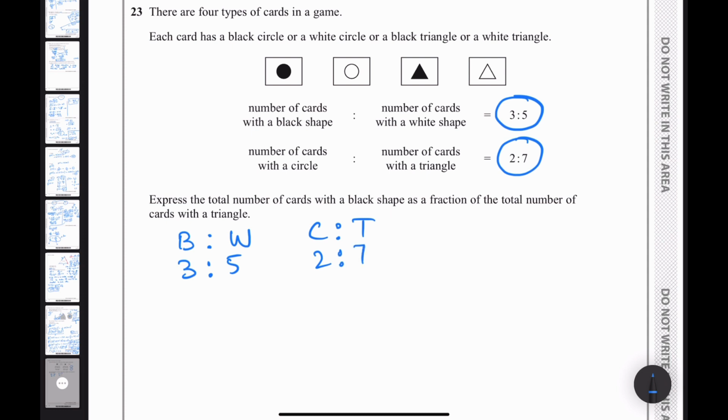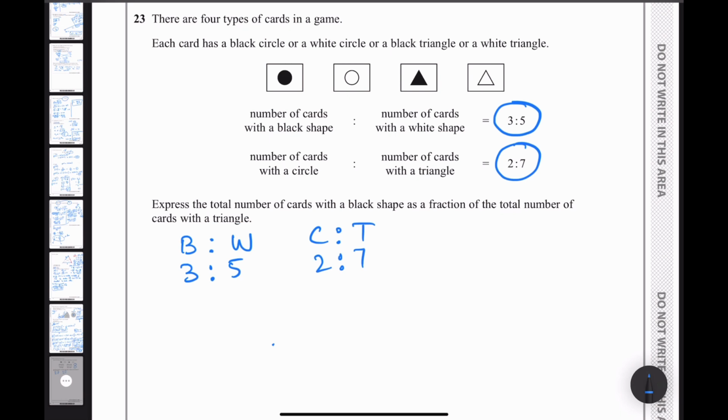You have to express the total number of cards with a black shape as a fraction of the total number of cards with a triangle. In order to do that, we have to find the fraction of total black cards and then the fraction of total cards with triangle, and then we'll divide those two fractions and we'll get our answer.